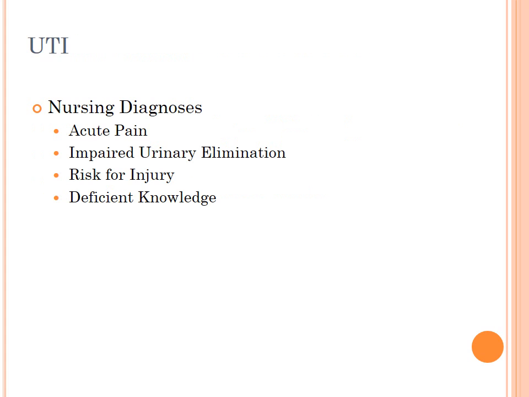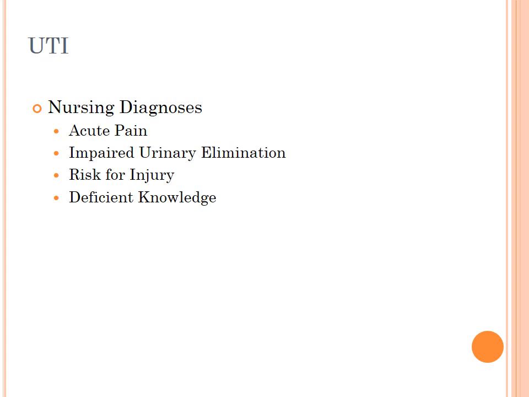So nursing diagnoses for urinary tract infection include acute pain, impaired urinary elimination, risk for injury, and deficient knowledge. Starting with acute pain, with antibiotic use you'll see a decrease in pain as the inflammation and infection dissipates. But you may need also to give antispasmodics or analgesics to reduce pain.